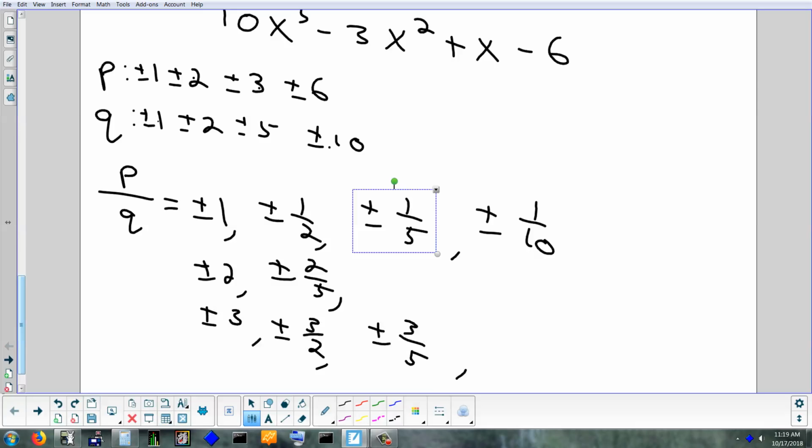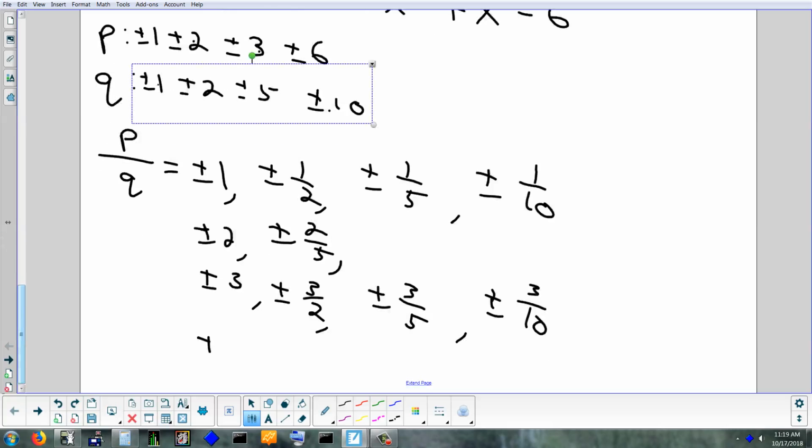No, we don't have that one. So we didn't have any of those. And then the last one, now we do it with 6. Plus or minus 6 over 1. We don't have that one. How about plus or minus 6 over 2? Yeah. That's 3. We already have that. Plus or minus 6 over 5? No.